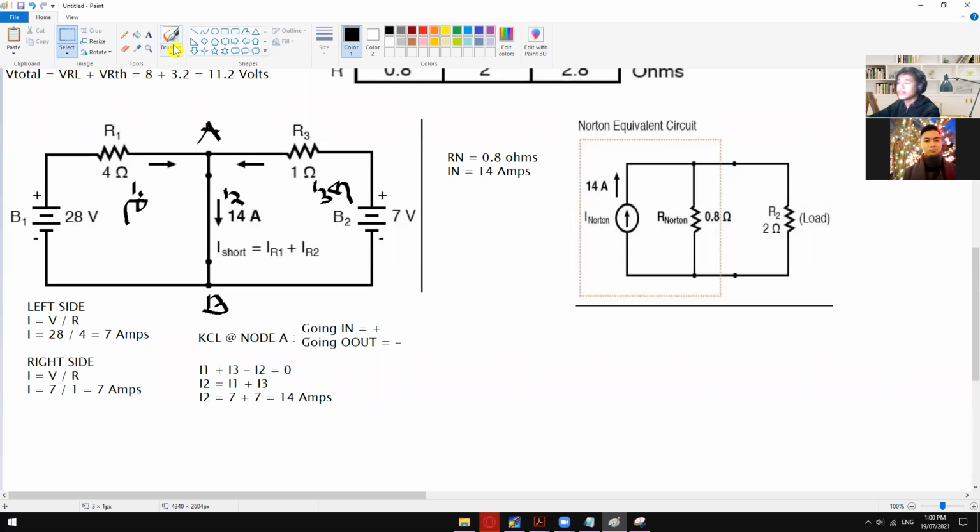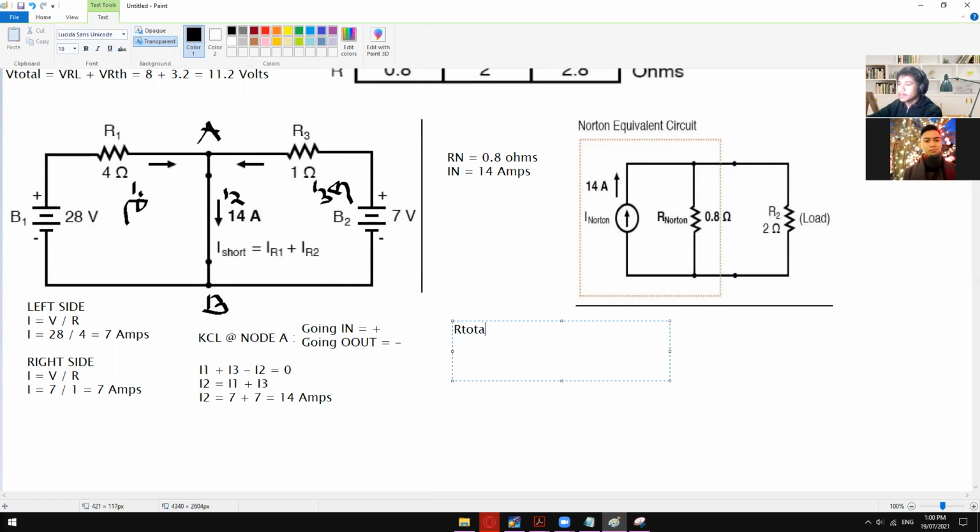To do that, we have to solve, what can we solve right here? Of course, we can solve the R total. R total is equal to R Norton, Rn in parallel with R load. So let me just copy and paste this one.